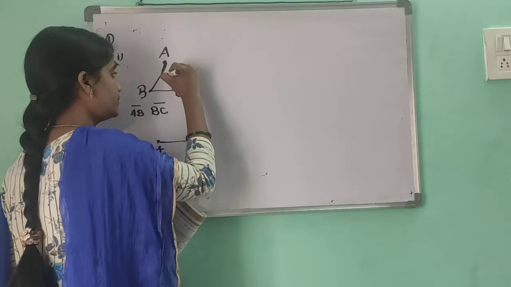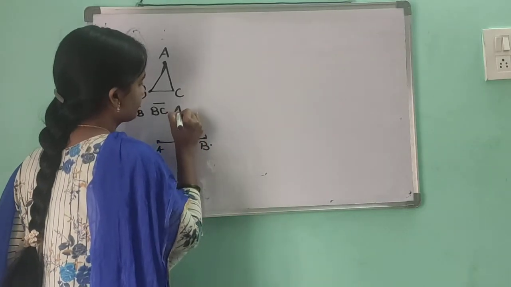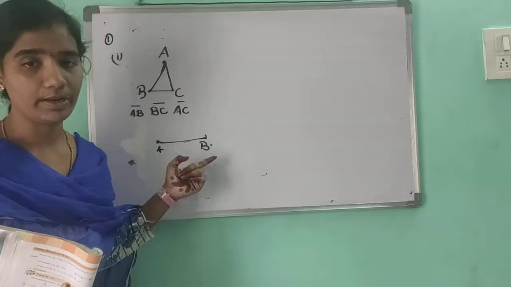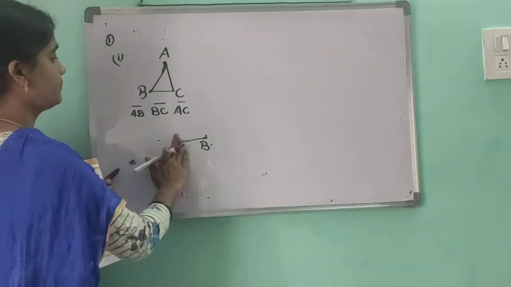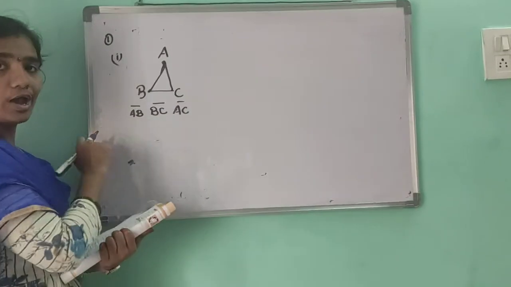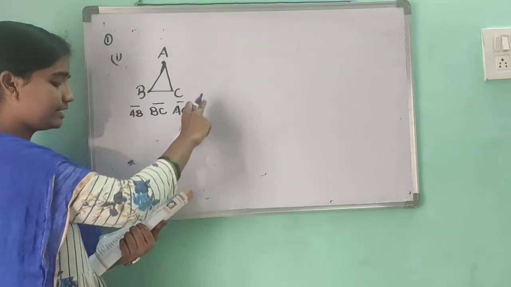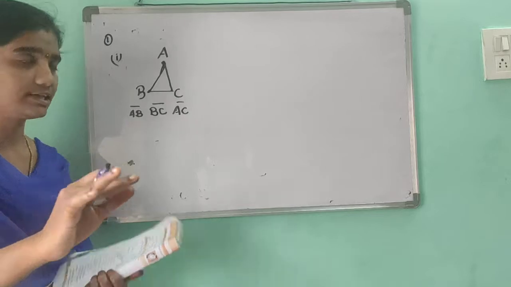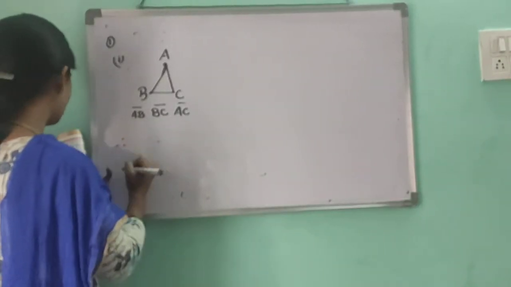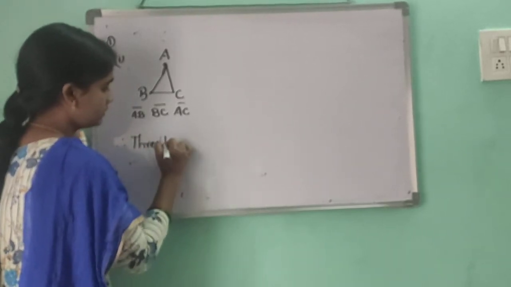C to A, or A to C, anything. This also is AC bar, also a line segment. Totally, in the given points we join them and three line segments are formed in the figure. 1, 2, 3.